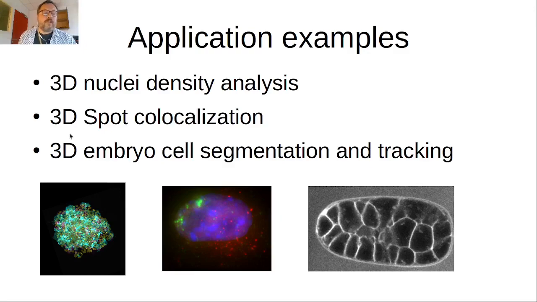The second one about 3D spot colocalization. And the third one is actually not about 3D embryo cell segmentation, but we have something similar, and we cannot show you this data yet. So to show you the technical aspects of this project, we use this embryo cell example.